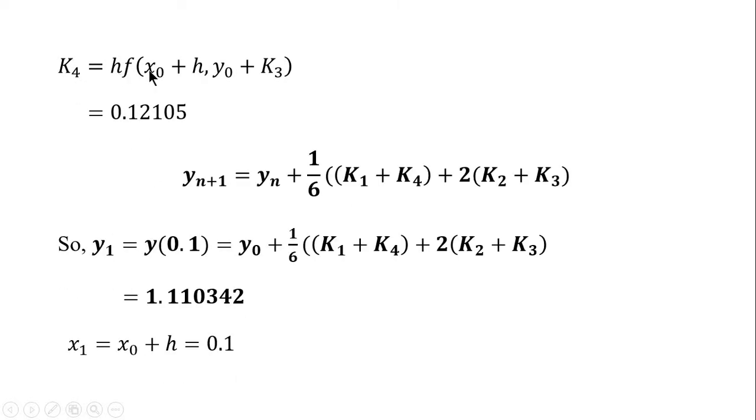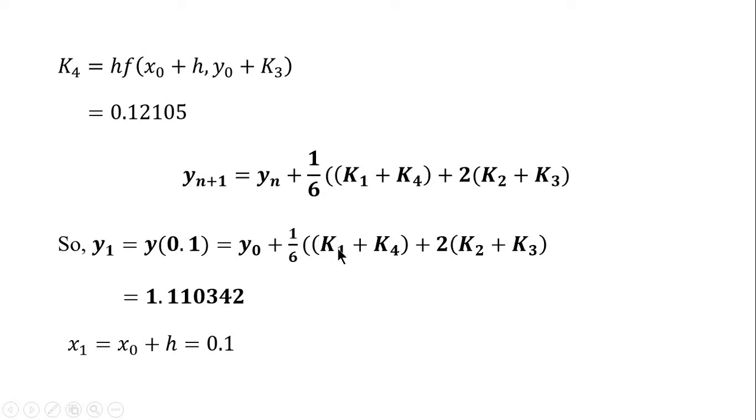K4 is h into f of x naught plus h, comma y naught plus k3. Compute these two and substitute in the function f of x, y is x plus y, and then multiply by h, we get 0.12105.